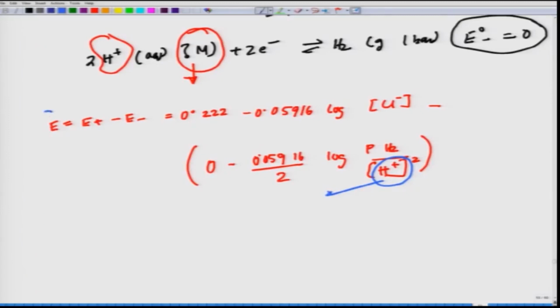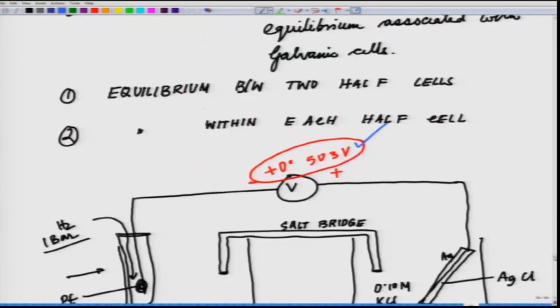Now you know this, which is your 0.503 volt. This is experimentally measured, because the cell is not at equilibrium.